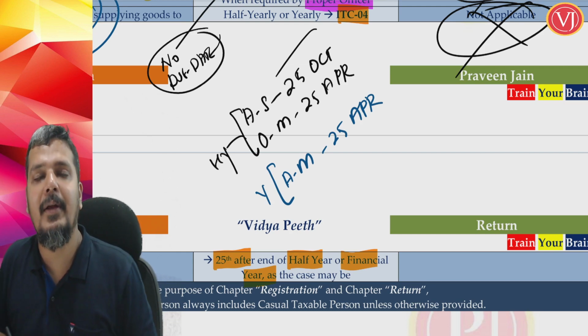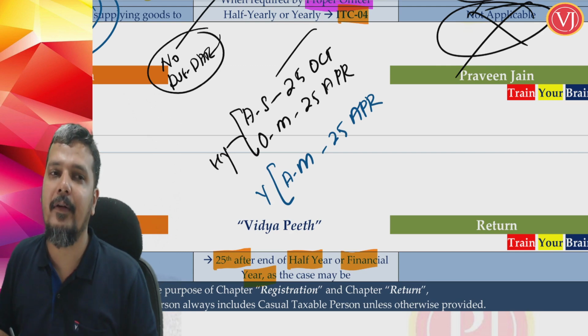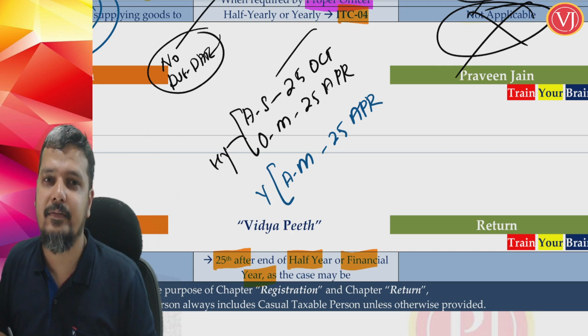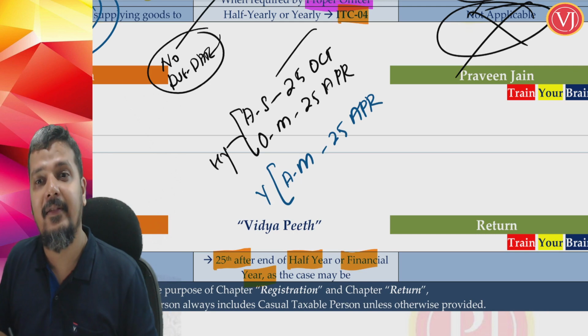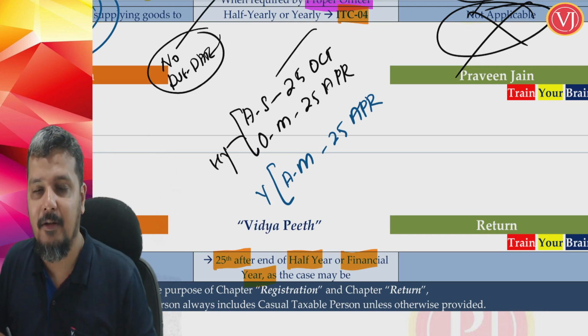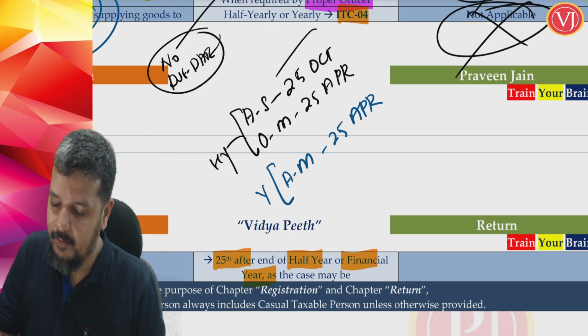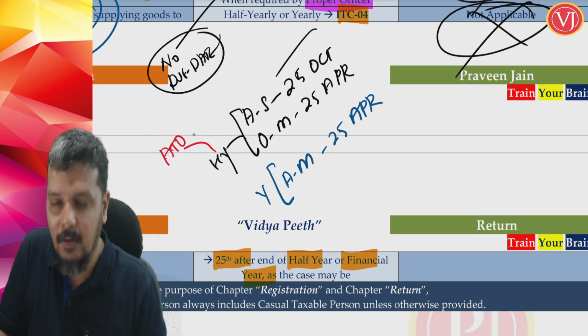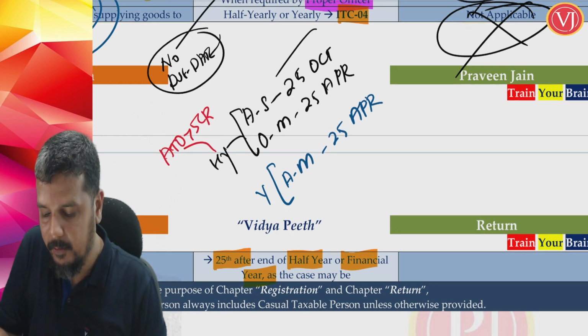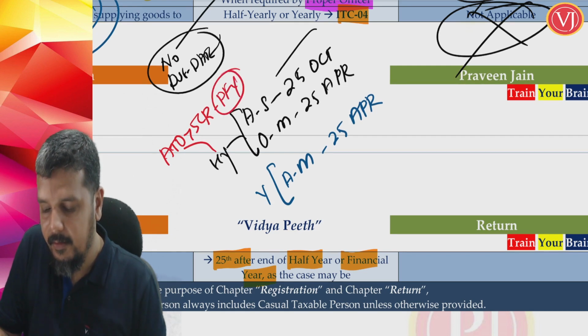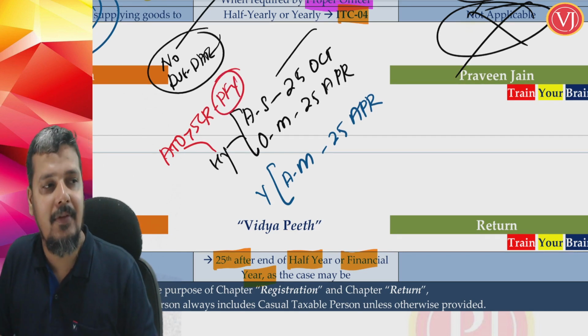Now, will big persons be required to file half yearly or yearly? Big persons, more frequency, half yearly. So if your aggregate turnover is more than 5 crores in the preceding financial year, half yearly.